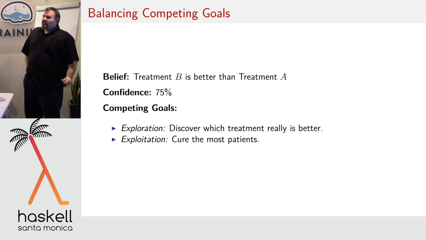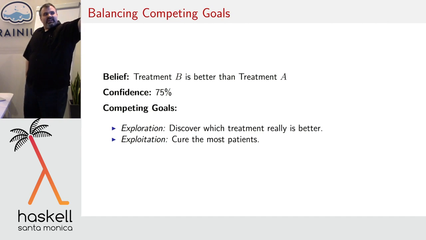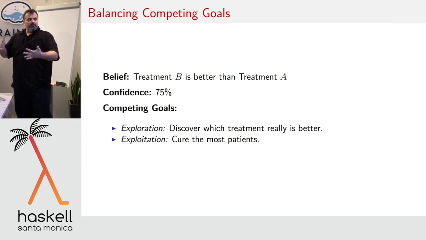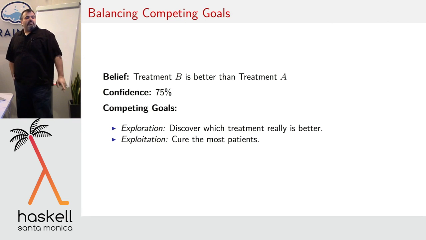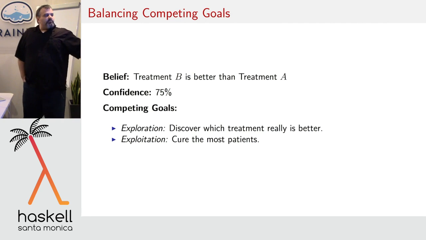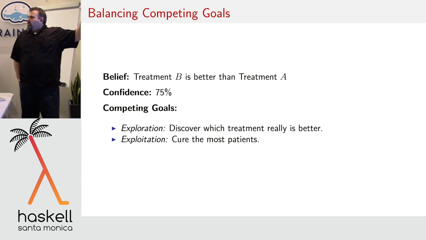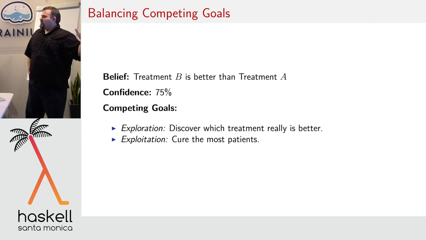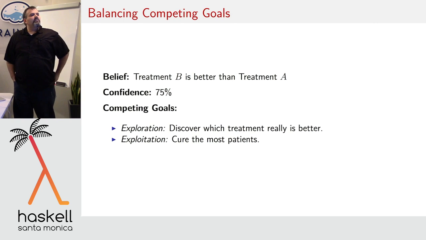First goal is exploration, in which we hopefully want to improve this confidence. If treatment B really is better than treatment A in some objective sense, then we should be able to get this pretty close to 100%. But then we have a competing goal of exploitation. If we think that treatment B is better, why aren't we giving treatment B to everybody? Don't they deserve it? So you have those competing goals.